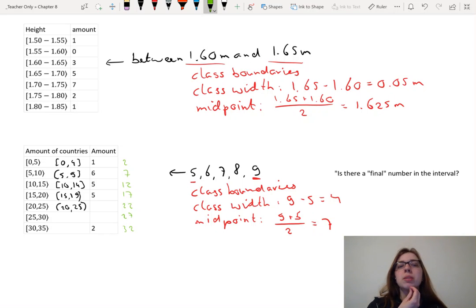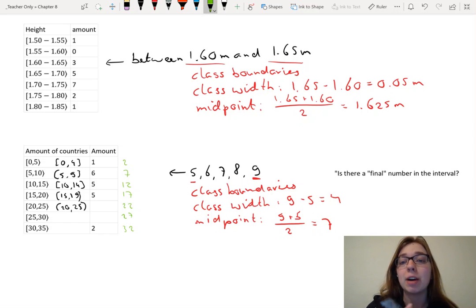These are the numbers I'm going to use if I'm going to calculate the mean. So I don't know exactly how many countries this one person had, but I'm just going to pretend they have 2. And then we have 6 people where we're just going to say they had 7 because that was the midpoint. 5 people had 12, 5 people had 17, and 2 people had 32.